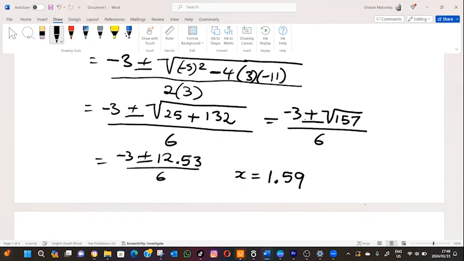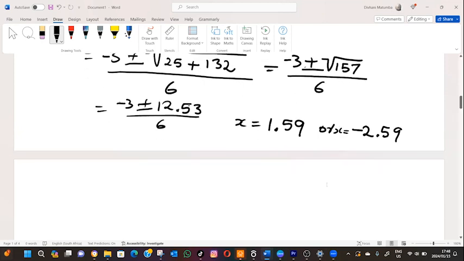0.59. That's the first solution. Or, because we have plus or minus, if we say minus, we are going to get minus 2.59, or x equals minus 2.59.